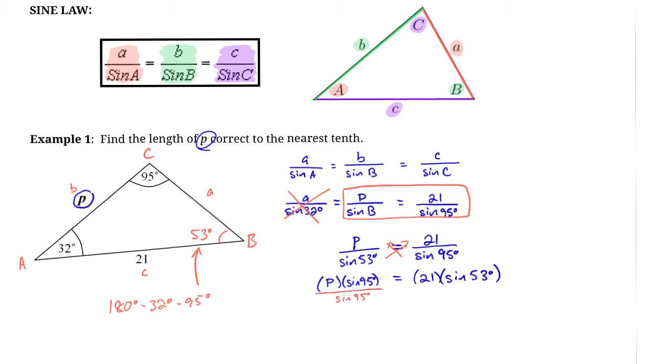And what you do to one side, you gotta do to the other side. You can put this entire thing in your calculator. Just make sure you put brackets around your 21 multiplied by the sine 53, and then divide by the sine of 95. Once you do that, you should get that P is equal to 16.84 if we round to 2 decimal places.